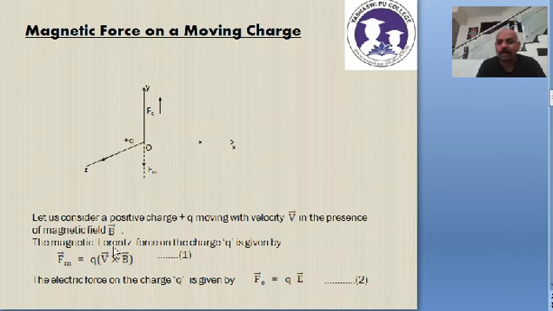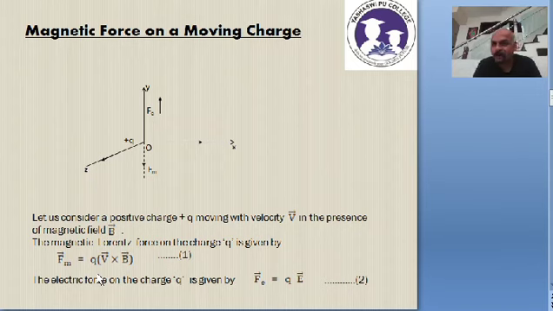That magnetic Lorentz force acting on the charge Q is given by Fm is equal to Q into V cross B, the cross product of the two vectors. Here q represents the charge, v represents the velocity of the charge, and B represents the magnetic field strength.